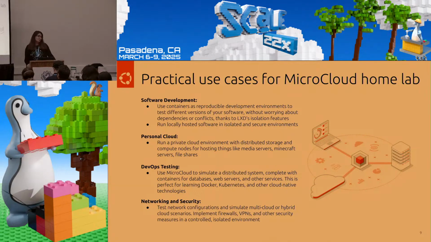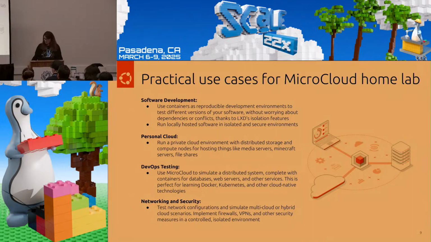You can use it for your personal cloud, simply to have a cloud environment where you can do things like host media servers or Minecraft servers or file shares or things like that. You can use it for more complex things like simulating a distributed system or using containers for databases, web servers, things like that, so you can kind of use it to play around or to run and learn cloud native things as well.